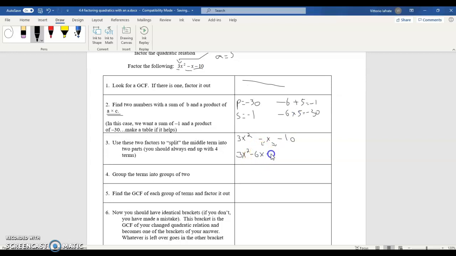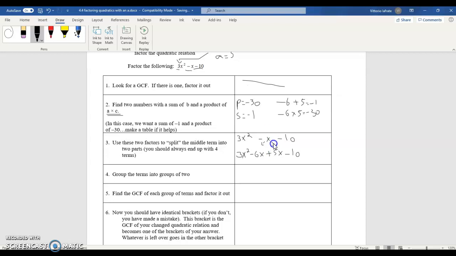The other number was plus 5x. And then minus 10.